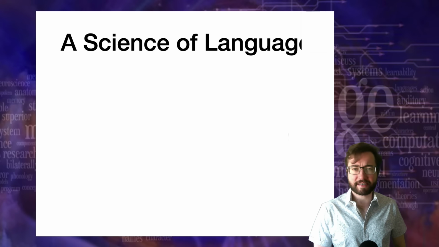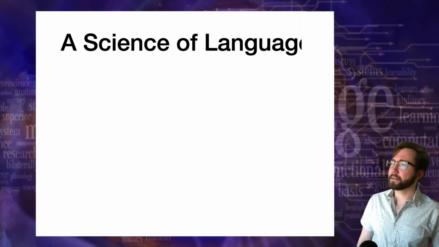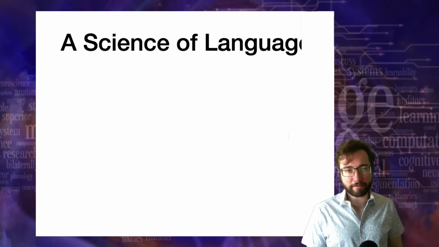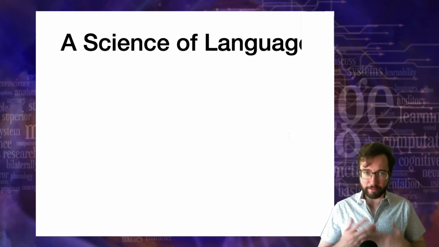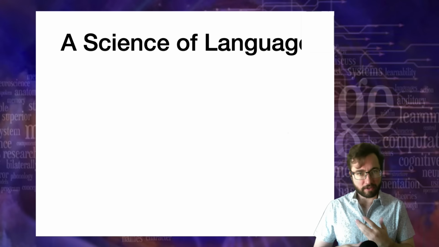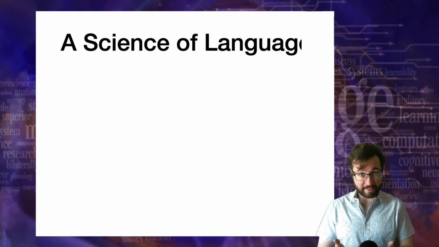So, what does a science of language look like? Something to keep in mind here is the history of the development of science. Often sciences start off in a more subjective, quasi-systematic state, and then they develop over centuries into a more rigorous form of analysis.